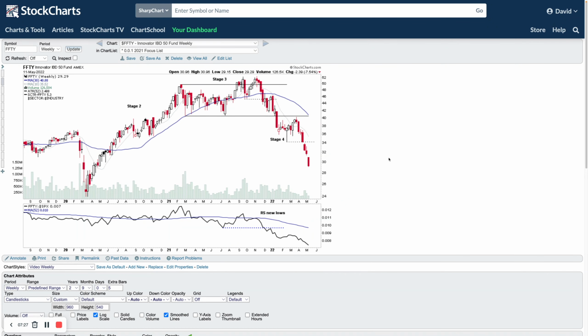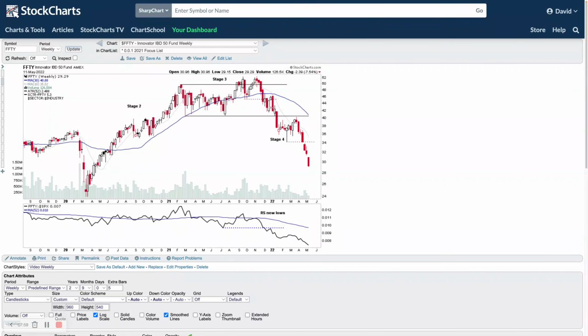I wanted to show the IBD 50, as this is another good example of the 4 stages and how they're developing. And this, like ARK and like many of the other tech growth related areas of the market, has just been destroyed, especially since November when we had the double top and then significant reversal bars up here, which then broke down, and then we started to move off into stage 4 more convincingly.